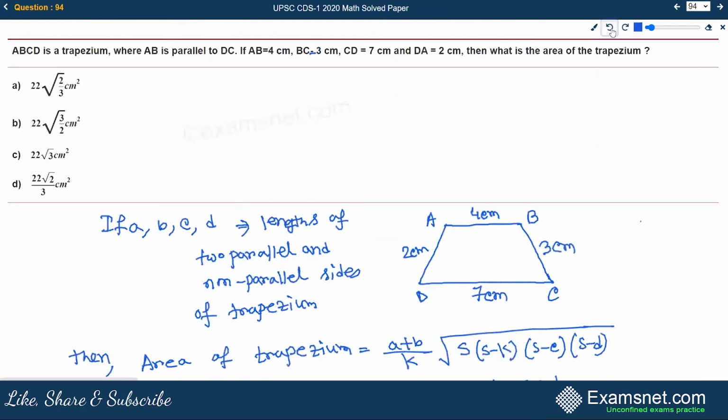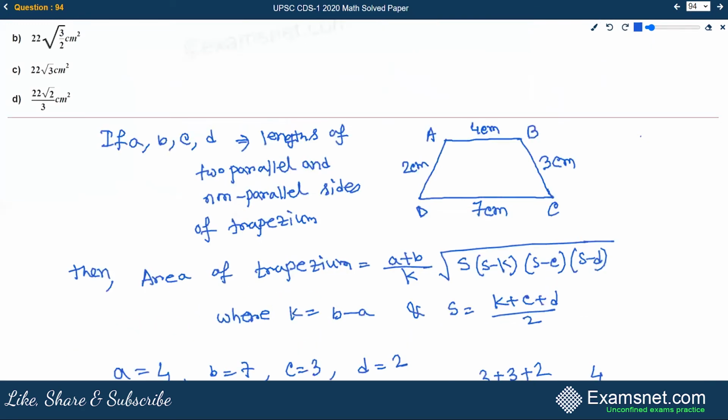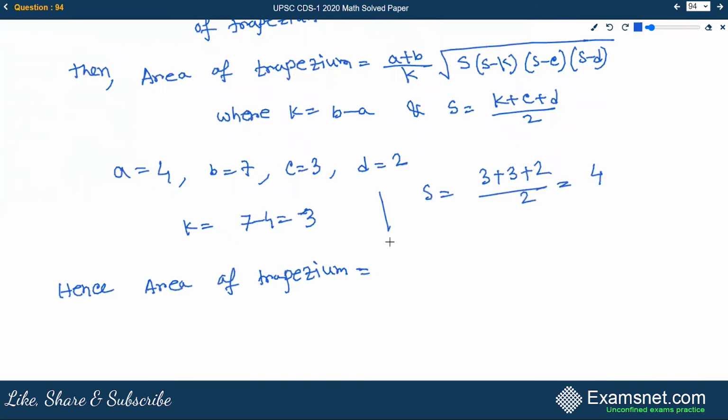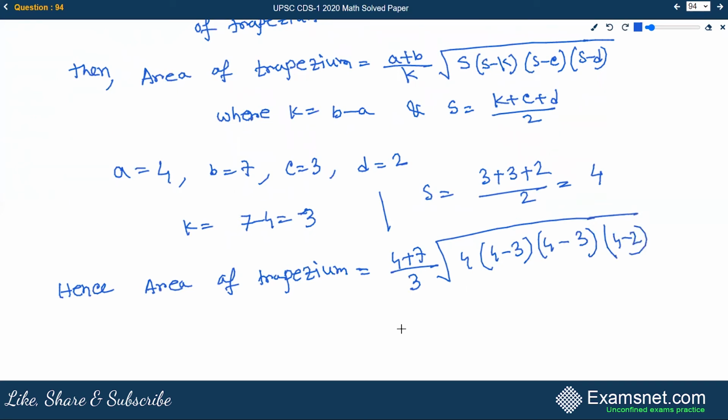Okay, so first we will write 4 plus 7 by 3. Now we'll put the square root is 4, 4 minus 3, 4 minus 3, and 4 minus 2. So here the value is 11 by 3 also.